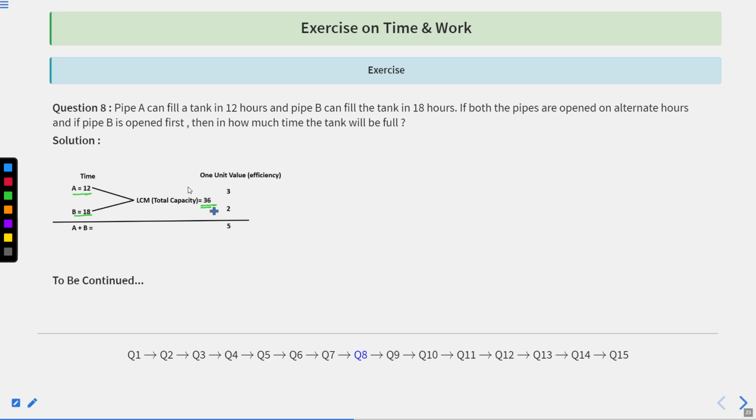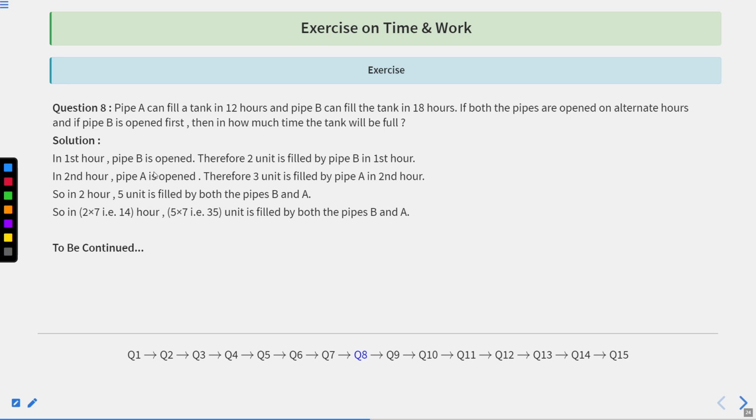The efficiency of pipe A is given by 36 upon 12, that is 3 units. That means each hour the pipe A is able to contribute 3 units, and the efficiency of pipe B is equal to 36 upon 18, that is 2 units. So the combined efficiency of A and B will be 5 units.